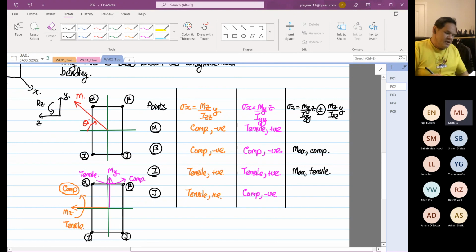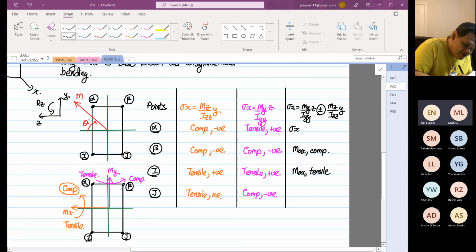And we know for the fact that stress X at point alpha will not be equal to stress X at point beta, due to the fact that moment about z will induce a compression, and moment about y will induce a tension.